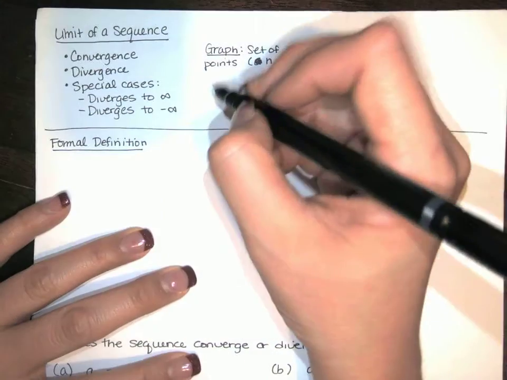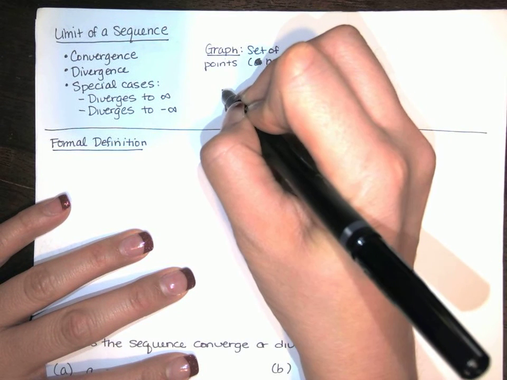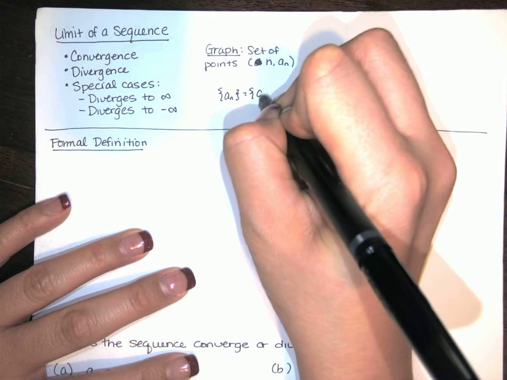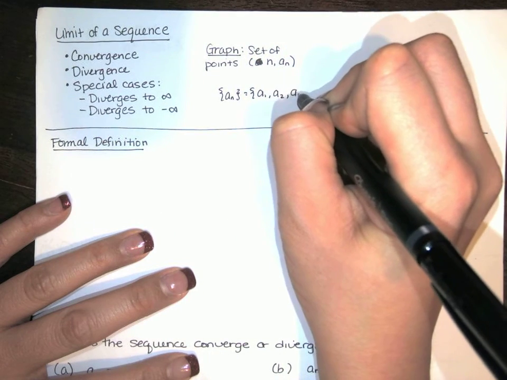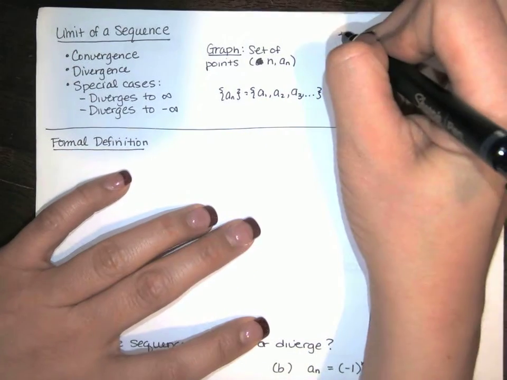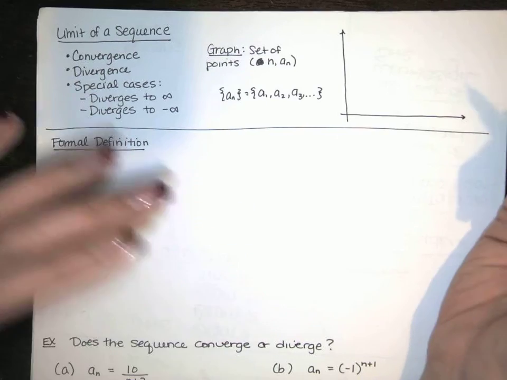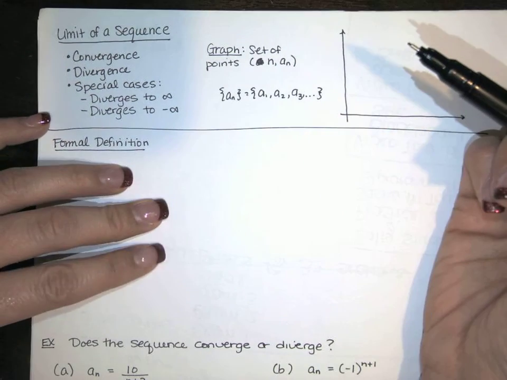Remember we said that a sequence is just an ordered list of numbers, and usually we start with n equals 1, so we get a sub 1, a sub 2, a sub 3, and so on, and we keep going. We go down the list. Well, we could graph this by graphing the set of ordered pairs n, a sub n.